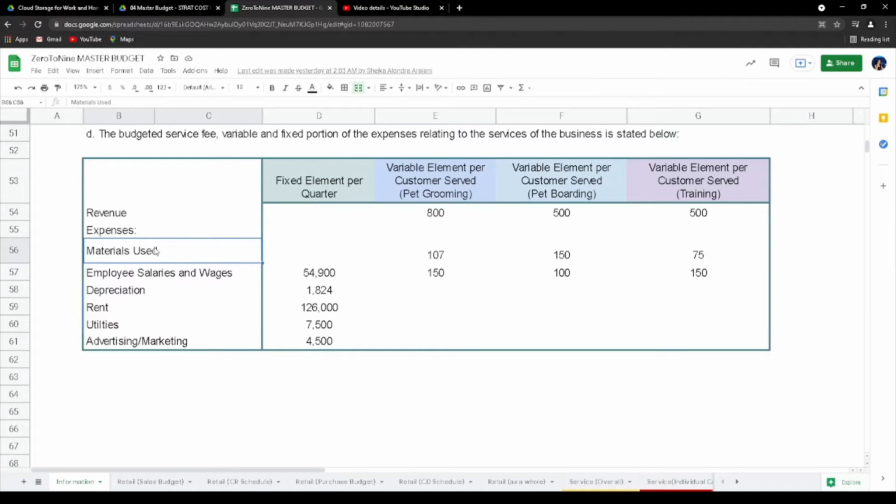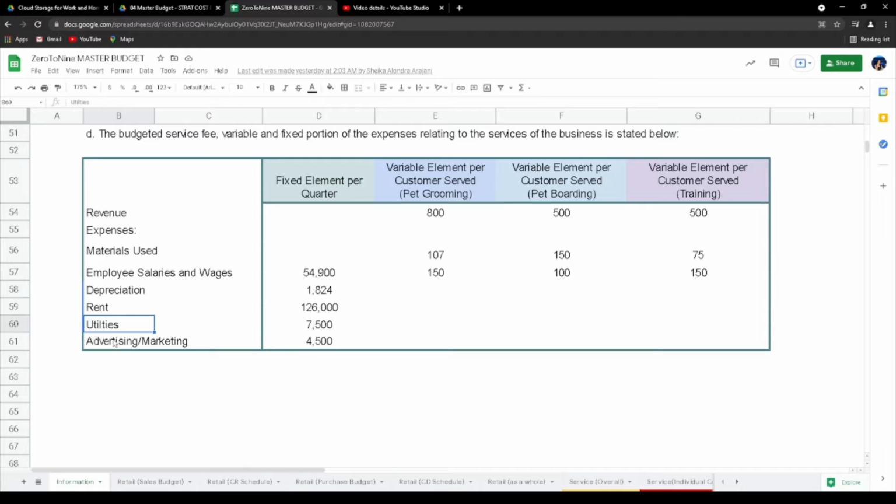First is the materials used with a variable portion for pet grooming of 107, 150 for pet boarding, and 75 for training. Employee salaries and wages with fixed portion of 54,900, variable portion for pet grooming of 150, 100 for pet boarding, and 150 for training.